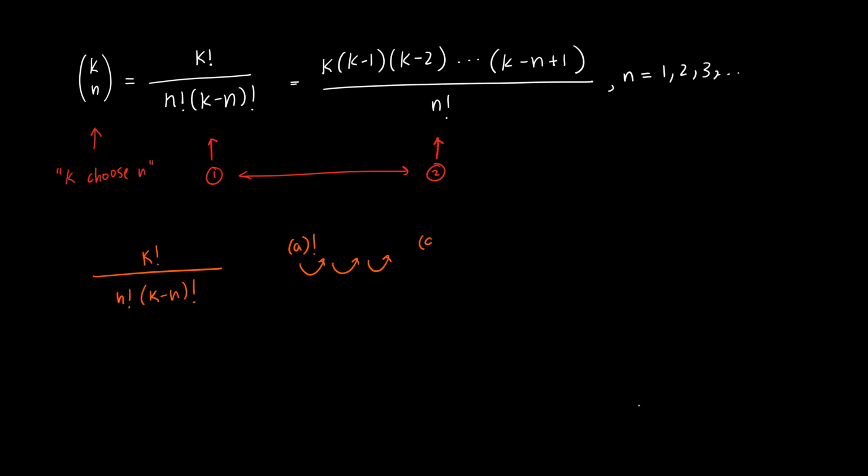So we're going to do a, then a minus 1, then a minus 2, then a minus 3, and so on. And it's just going to keep going on forever. For example, 3 factorial looks like 3 times 3 minus 1 times 3 minus 2, which is 3 times 2 times 1.